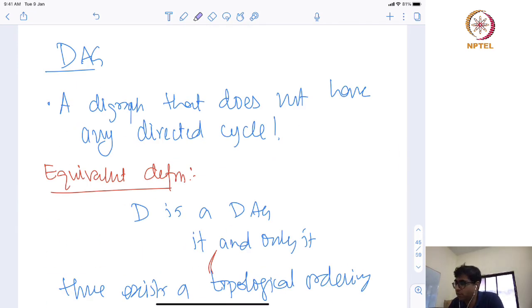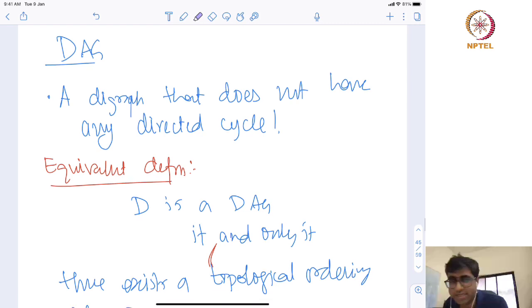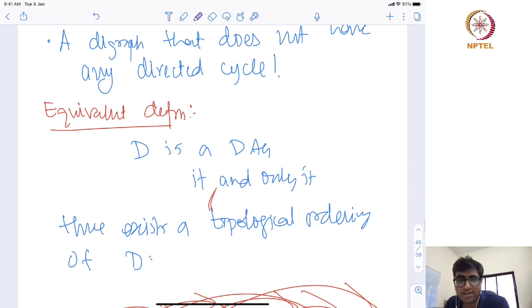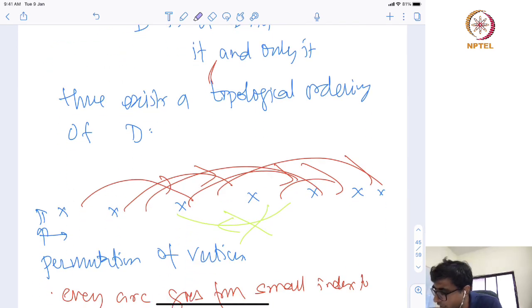Before we go further, let me tell you what a DAG is. A DAG is a digraph that does not have any directed cycle. An equivalent definition is that D is a DAG if and only if there exists a topological ordering of D. What is a topological ordering? It's a permutation of vertices such that every arc goes from a smaller index vertex to a higher index vertex.